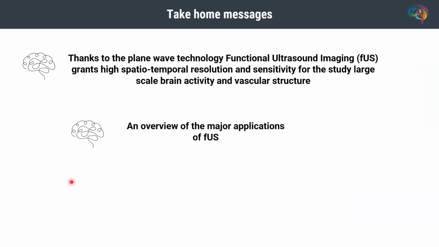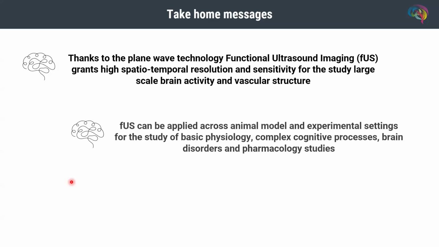We also said that we would look at the major applications of functional ultrasound across different examples from the literature. And indeed, you saw how functional ultrasound can be applied across animal models and experimental settings, from studies that are the most variable, from basic physiology to complex cognitive processes to brain disorders and even pharmacological studies.